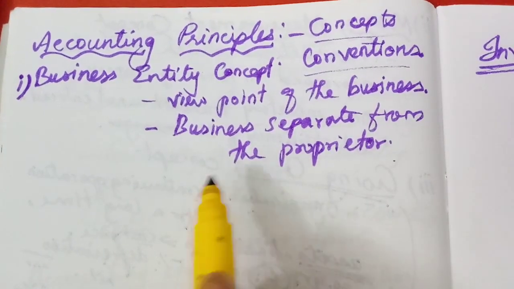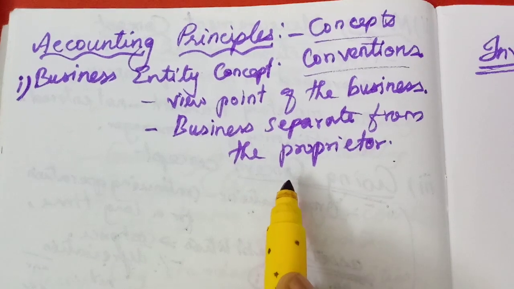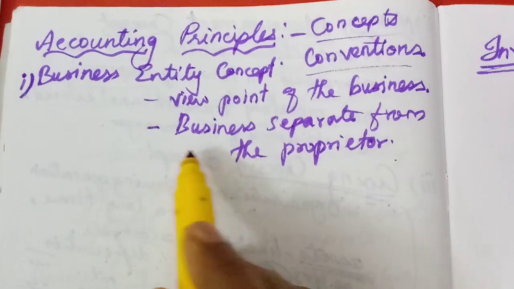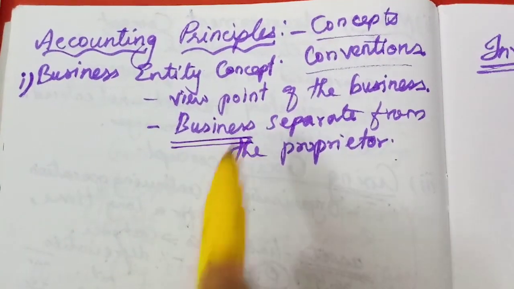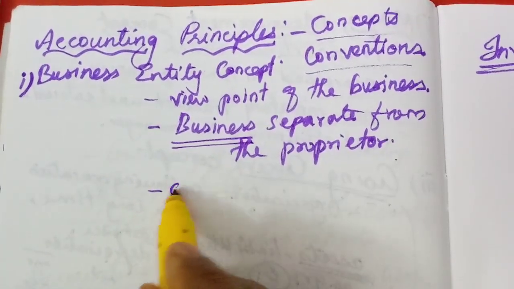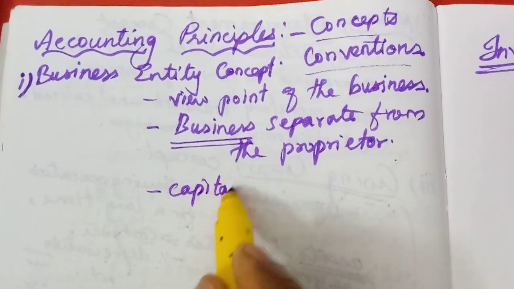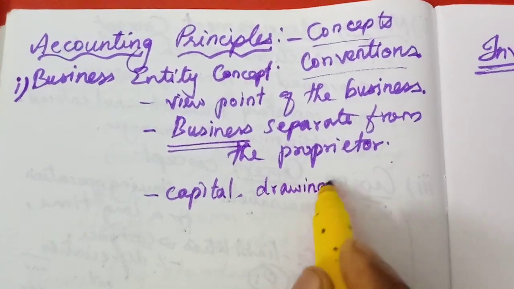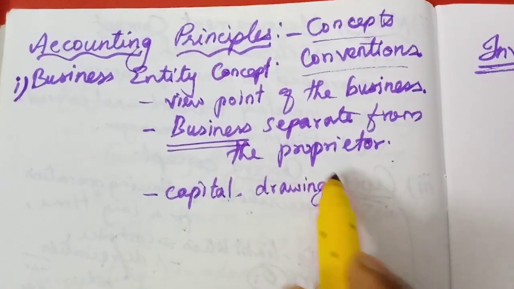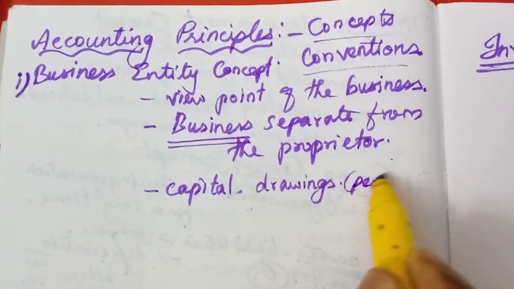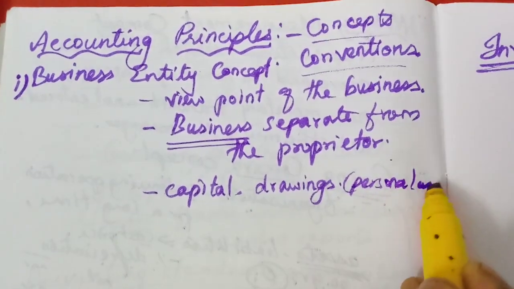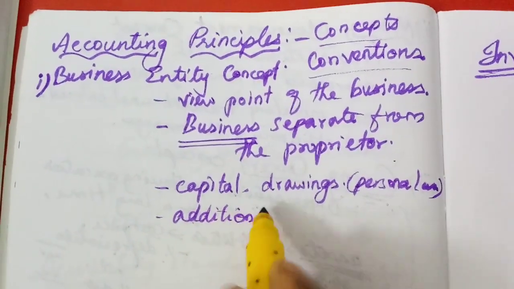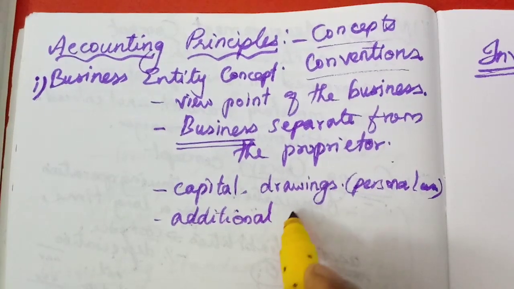Only business transactions are entered, but some personal transactions that affect the business will be entered. They are the capital introduced by the proprietor, any withdrawal, that is called drawings in the terms we studied, for his personal use, or any additional capital.